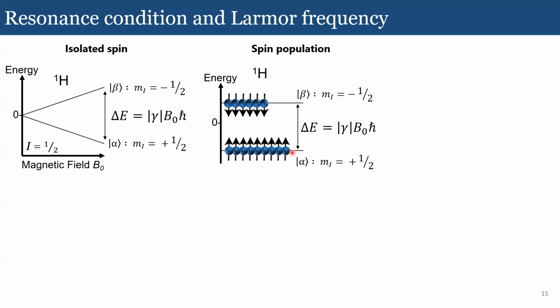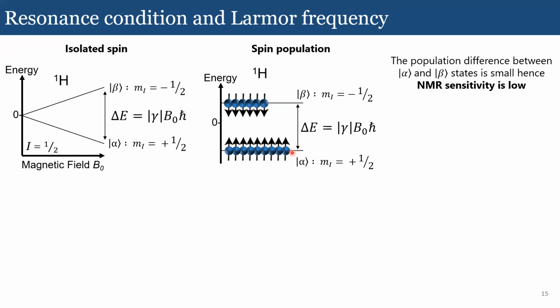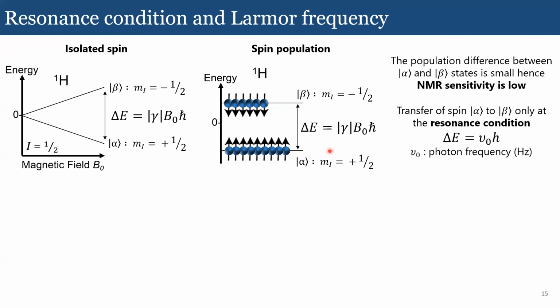So this is pretty much the reason why the NMR sensitivity is so low, because that difference in population is very tiny. Like I said, the sensitivity is low, but the principle of any spectroscopy technique is that now you have the opportunity to move the spin from the alpha state to the beta state with an incident photon.